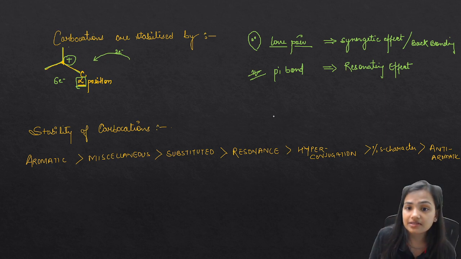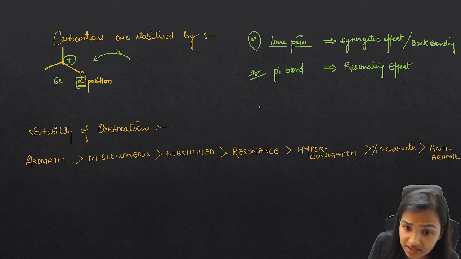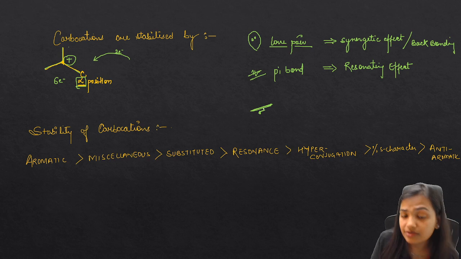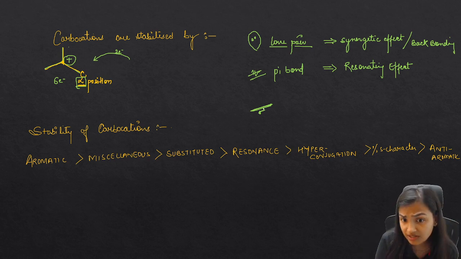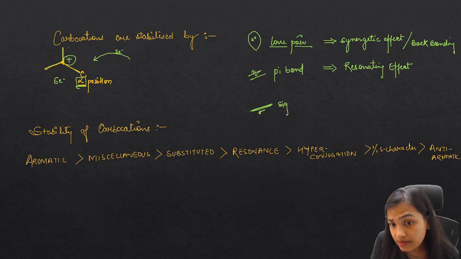The third factor is, if you don't have any lone pair and you don't have any pi bond, you might have a sigma bond. So what happens in the case of a sigma bond?